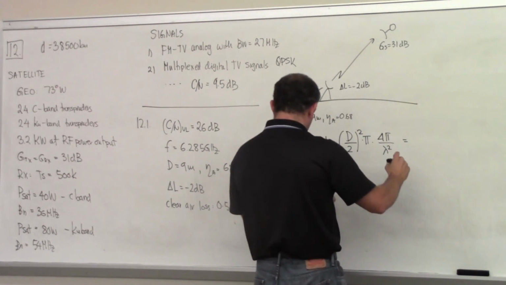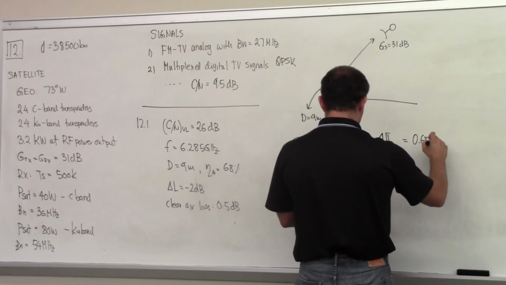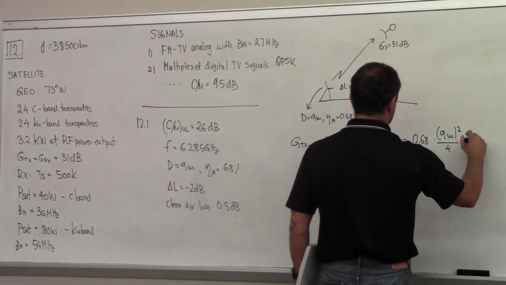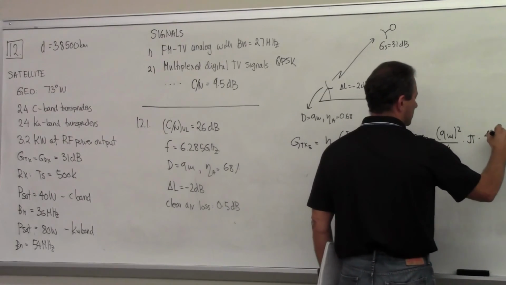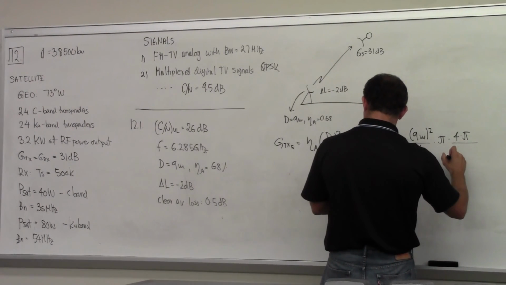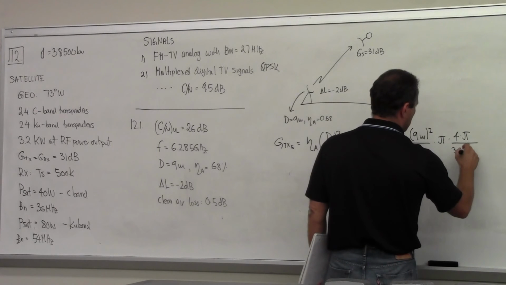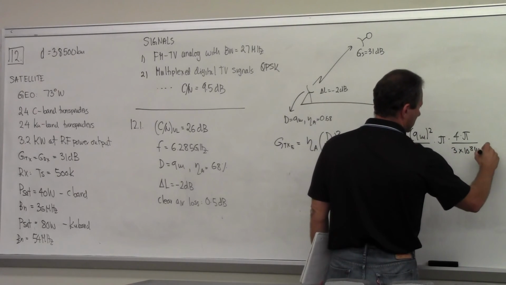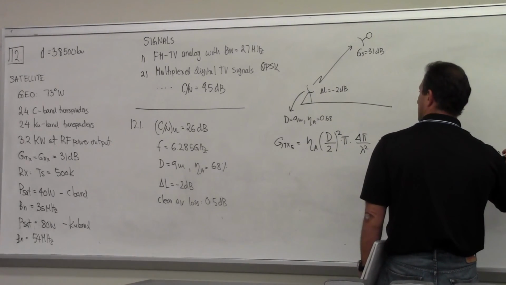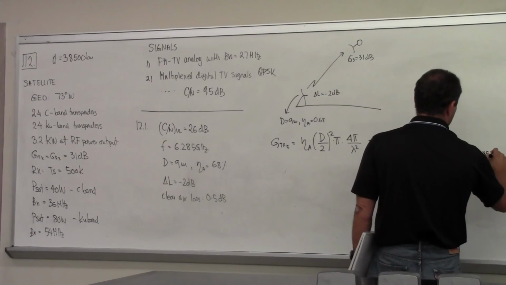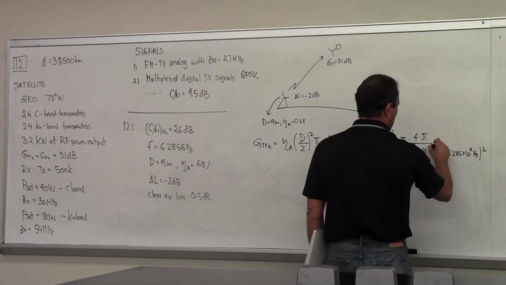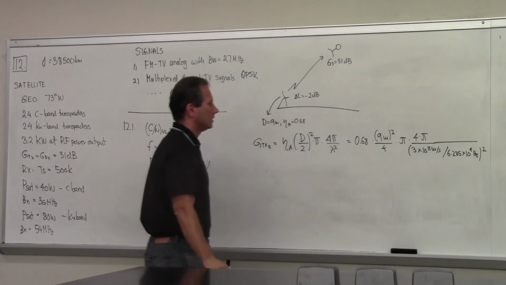In our case, this becomes 0.68 times pi times 9 meters squared over 4, times 4 pi divided by lambda squared, where lambda is 3 times 10 to the 8 meters per second divided by your frequency of operation, 6.285 times 10 to the 9 hertz, squared. That will give me the gain of the Earth antenna.